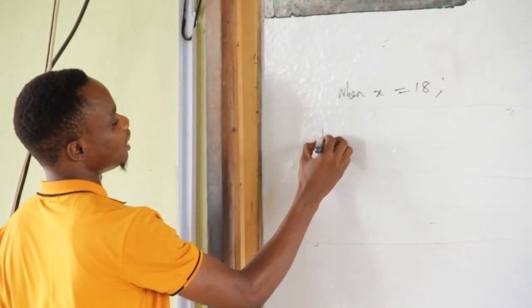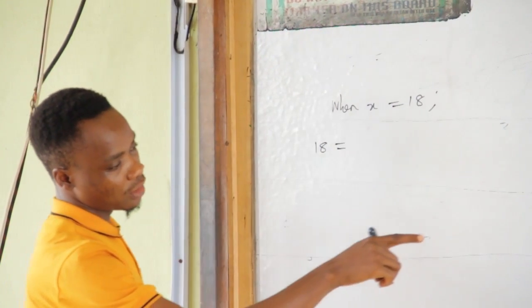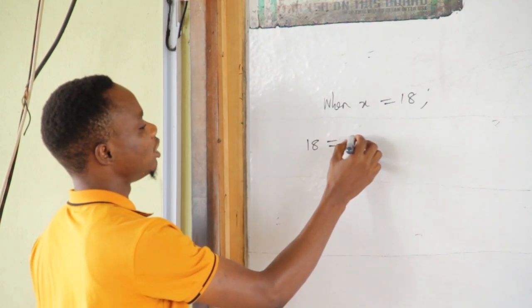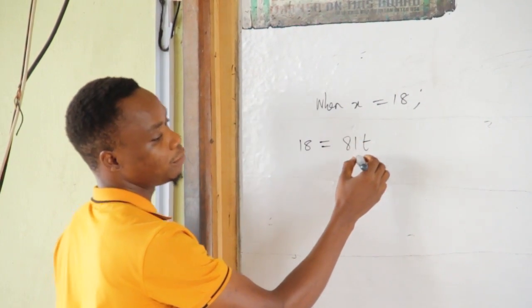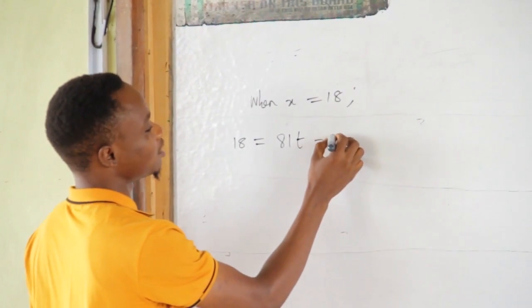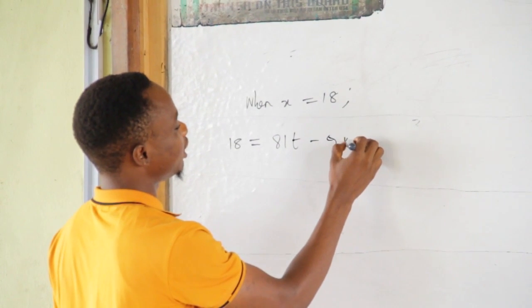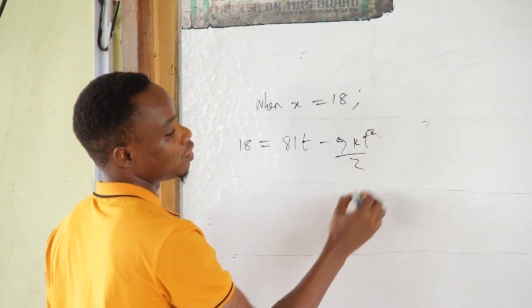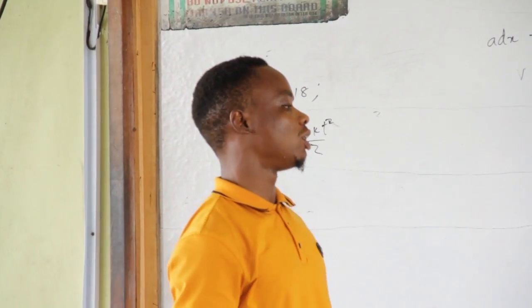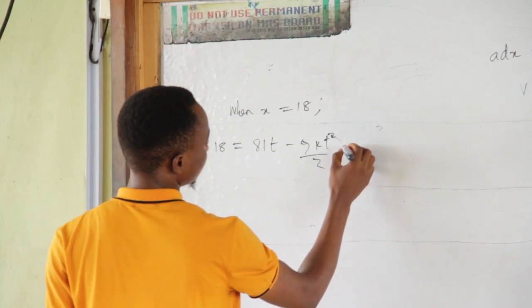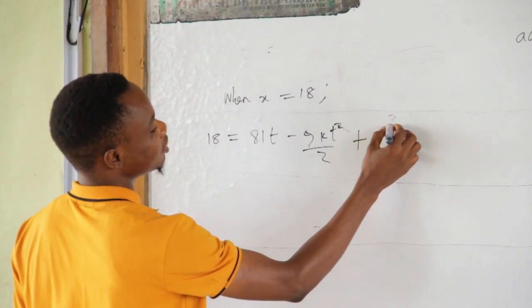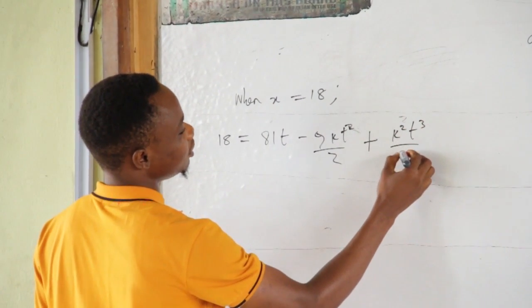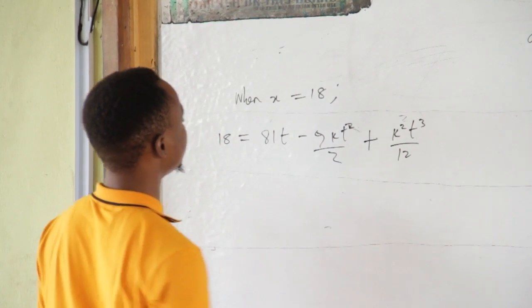That means we are going to have 18 to be equal to that. 18 will be equal to 81t minus 9k squared over 2, then plus k squared over 3 over 12.